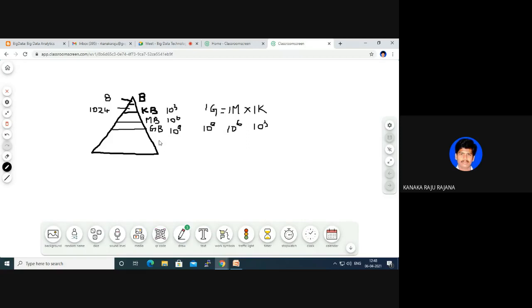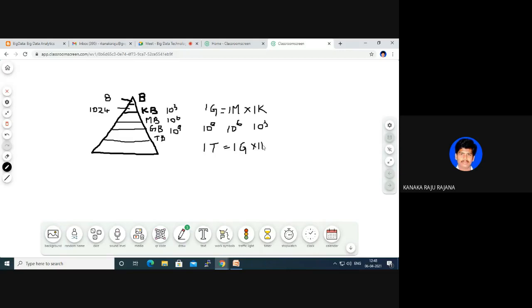Similarly, if I talk about TB, can you guess the answer now? Just add the above two storages and you'll get the next storage. So 1 TB can be represented as 1 GB multiplied by 1 MB.